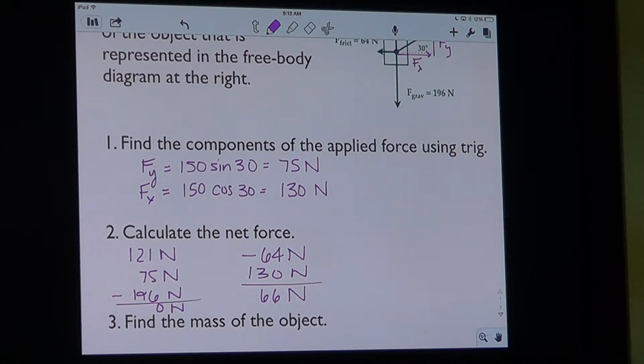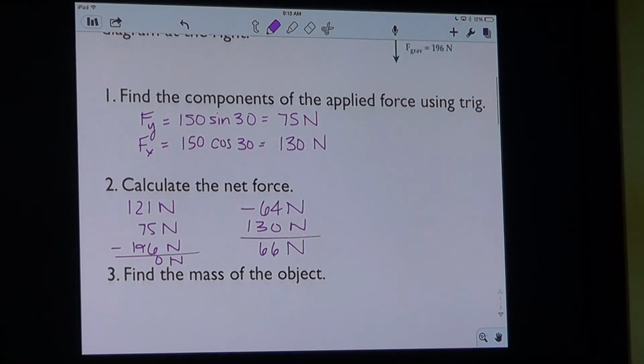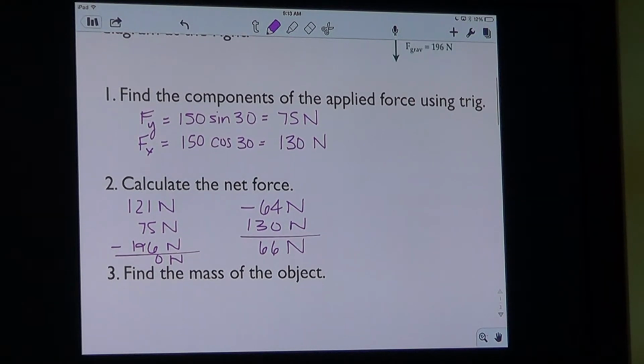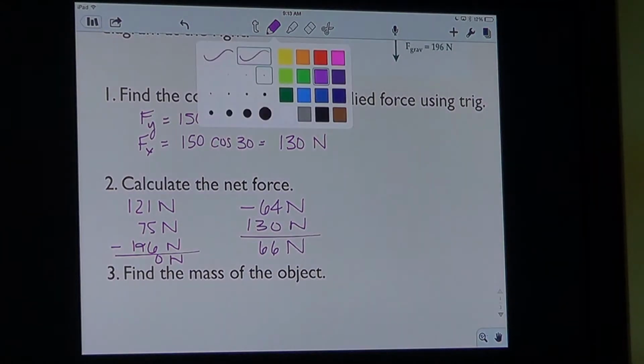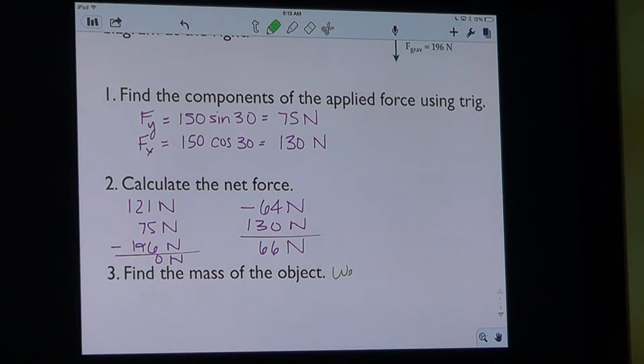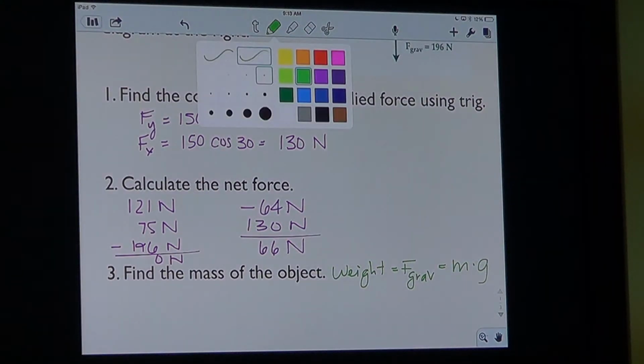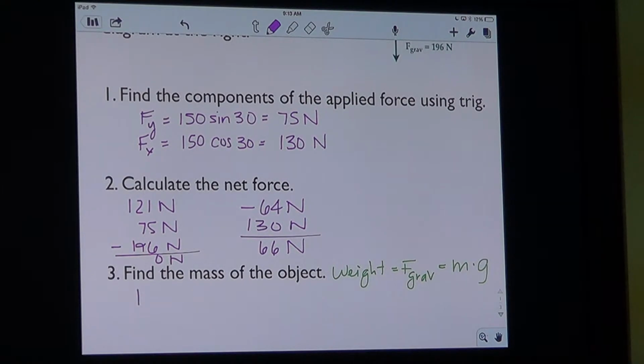Okay, then we're going to find the mass, because we need to know mass in order to calculate acceleration. And so mass can be found using the weight, which equals the F grav, which equals mass times gravity, so we can find the mass that way because we know the gravity is 196.